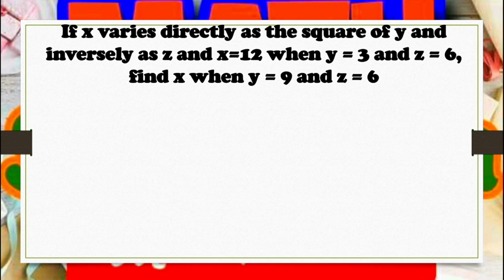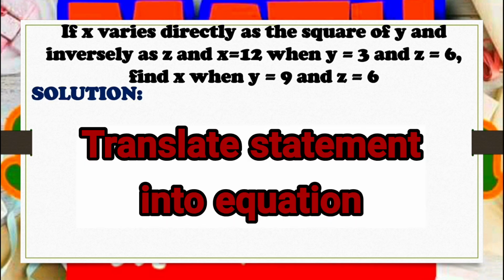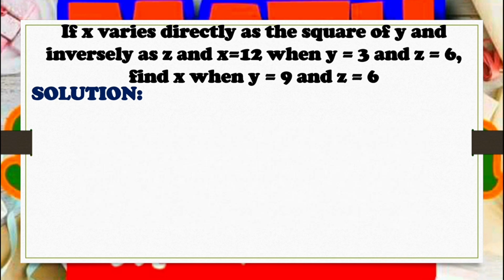From this given word problem, first thing we need to do is to translate our statement into equation. Since x varies directly as the square of y and inversely as z, this can be written into equation as x is equal to ky squared all over z.